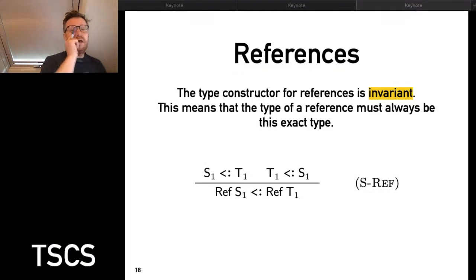This is the SRef rule that is mentioned in this exercise. Whenever we have S1 as a subtype of T1 and T1 as a subtype of S1, then the reference of S1 is also a subtype of the reference of T1. It's the invariant definition of subtyping for references. Now the exercise is that we write a short program that will fail if the first premise is dropped, and then we write a program to fail if the second premise is dropped.